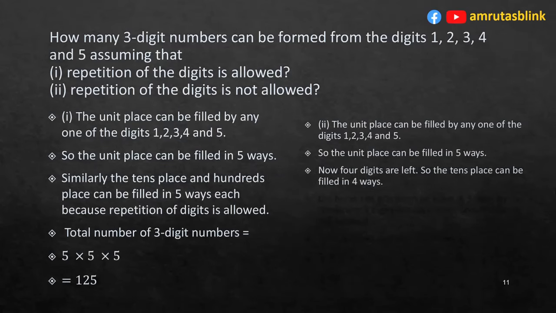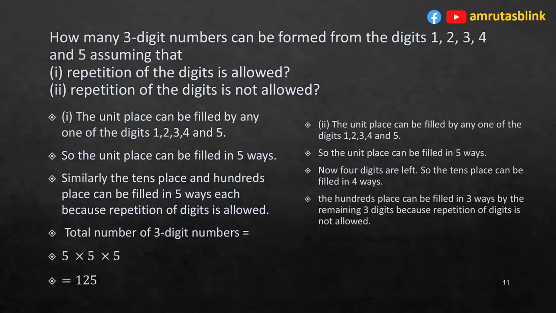The tens place can be filled with the remaining 4 digits and the hundreds place can be filled with the remaining 3 digits. So the total number of ways will be 5 into 4 into 3, that is 60. So if repetition of digits is allowed, then out of these 5 digits we can create 125 numbers. But if repetition is not allowed, then we will be able to create only 60 numbers.